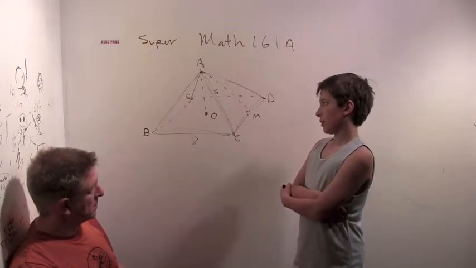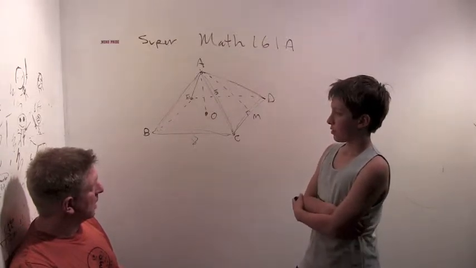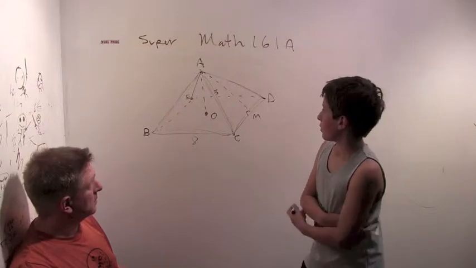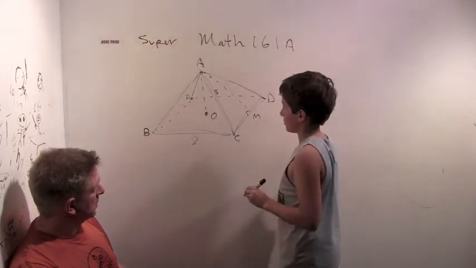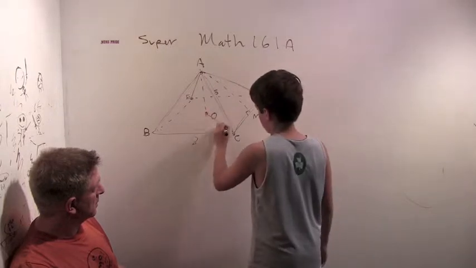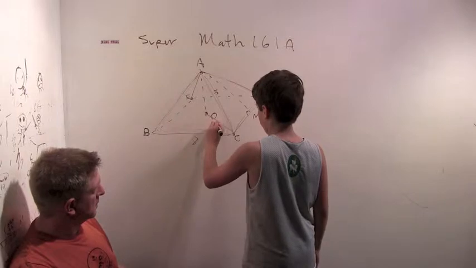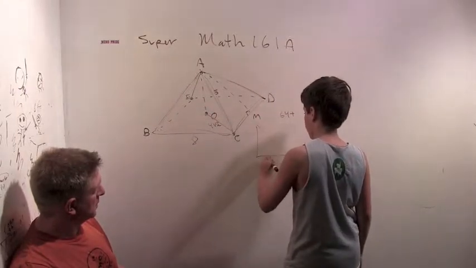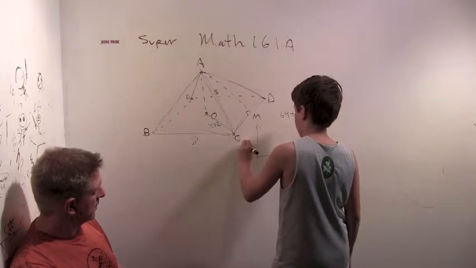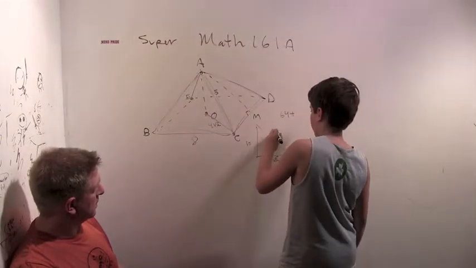Well, maybe calculating the surface area and volume could help. Okay. Yeah, let's do that. Well, the surface area, we got 64 plus, let's see, this is 4 root 2. So we have a right triangle. Height, this is the height here. And 5.